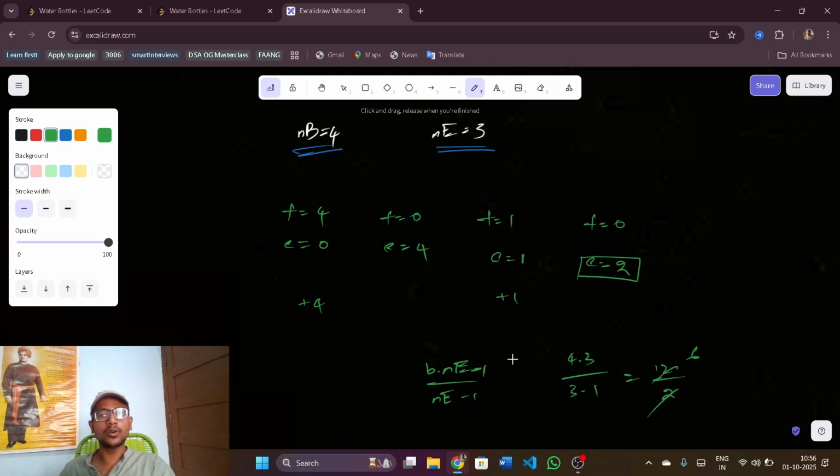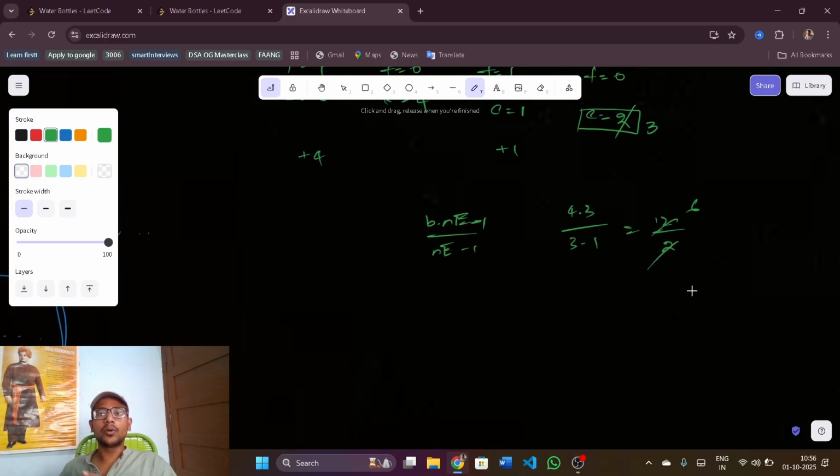If we don't do that, it will consider this as 3 instead of 2. So to remove the water bottles which we don't consider, we'll be decrementing it by 1. So our formula will be B into NE minus 1 by NE minus 1.